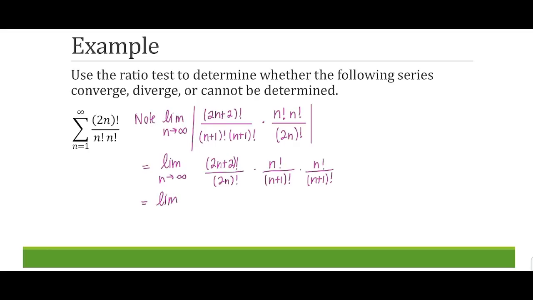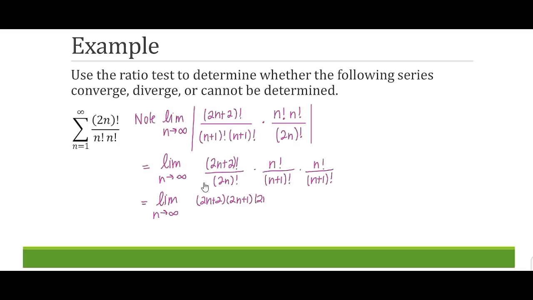So the limit as n approaches infinity, I'll have 2n plus 2, and then I'm going to drop down by an integer. I'm going to subtract 1, so I get 2n plus 1. And I'd go down one more time. If I subtract another 1, I'm going to end up with just 2n.